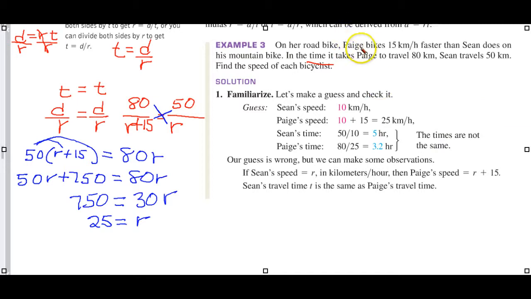Well, Paige has 25 plus 15, which gives you 40 kilometers per hour, and Sean is the one who does 25 kilometers per hour.